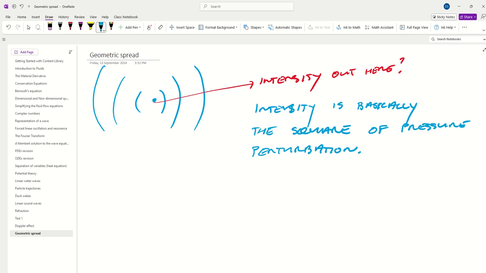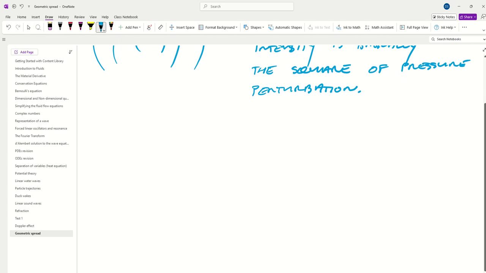We're considering a spherically symmetric wave, and what we're going to do is write down the wave equation in spherical coordinates. So this is my pressure perturbation. I'll put the prime there once just to remind us that it is in fact a perturbation.